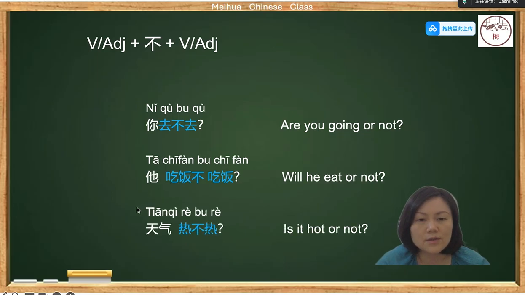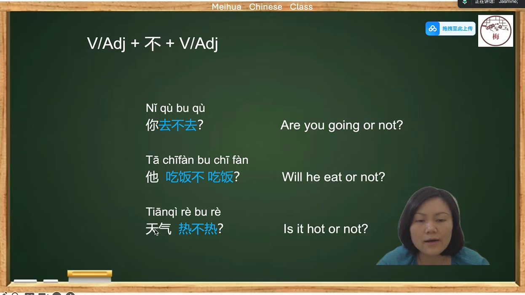Let's look at an example with an adjective. 天气热不热? 热 here means hot. It's an adjective. 热不热? See, we add a bu in between. 天气 means the weather. This is actually a very common sentence in Chinese.